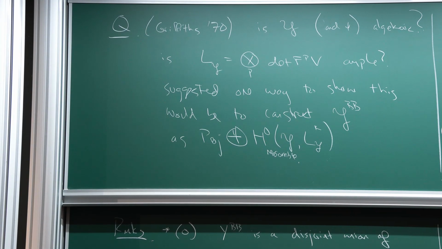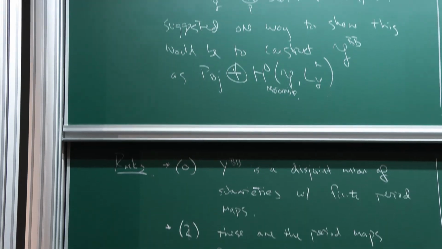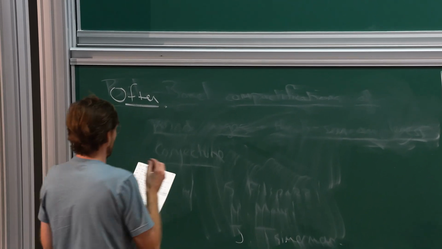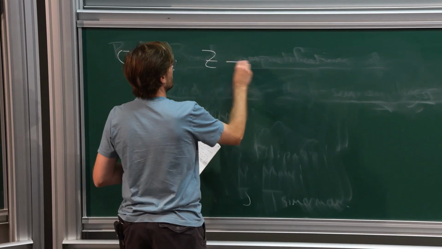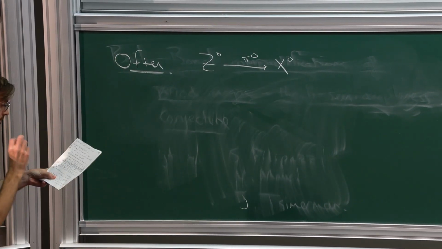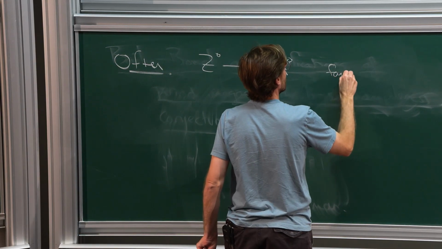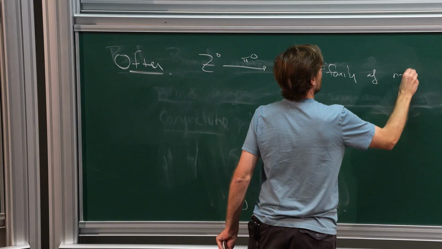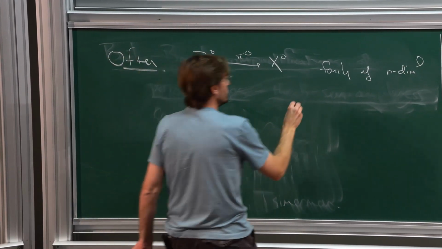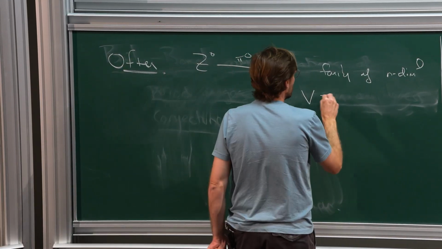But from the perspective of geometry, there's a more natural candidate for what line bundle should polarize your moduli space. So again, suppose I have some family like this, and suppose it's a smooth projective family of n-dimensional varieties, and often the variation of Hodge structure I want to take is middle cohomology.